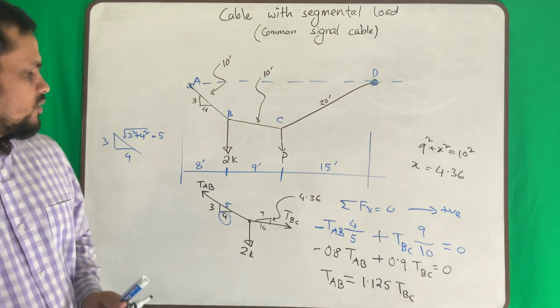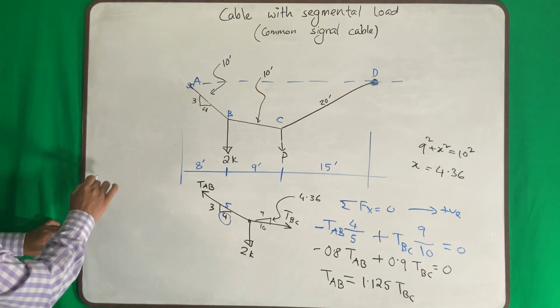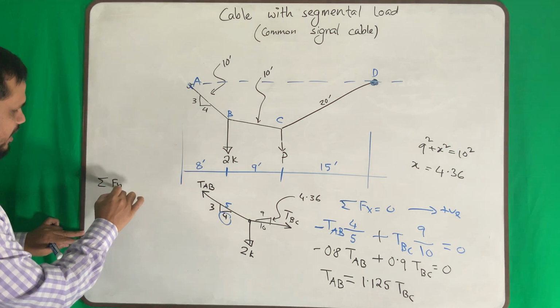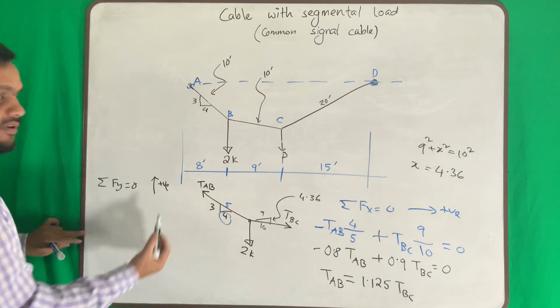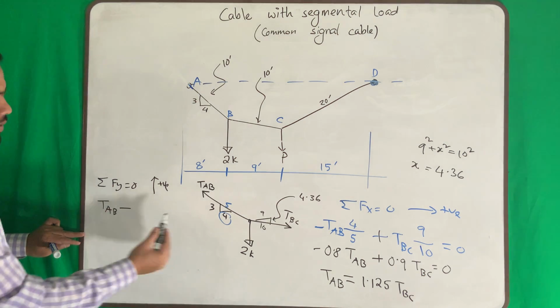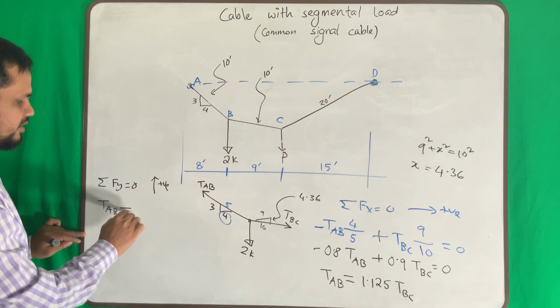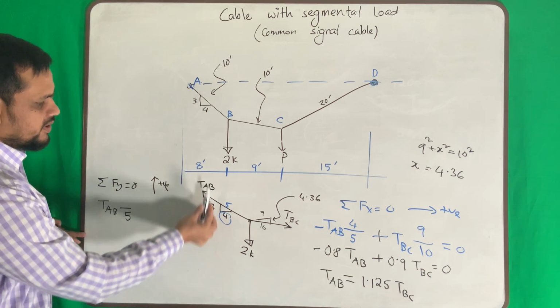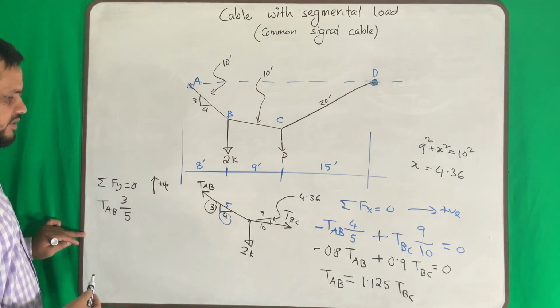Then what we will do? We know another equation, summation of Fy. If I apply summation of Fy is 0, say upside is positive, then TAB, what is the component of this force, divided by hypotenuse times the corresponding side. My side now is 3, upward, positive.